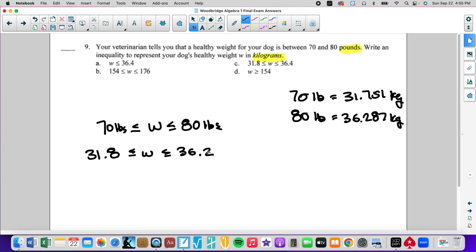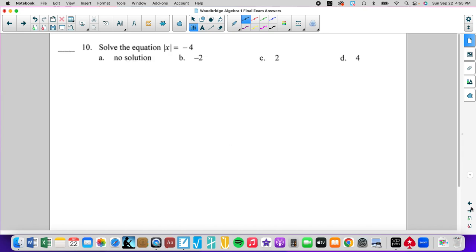And which one is that? That looks like it's C. So that would be C. And that's the weight in kilograms. I guess we could do kilograms here too for units. It's always important. It's a good question, but they were trying to be tricky.